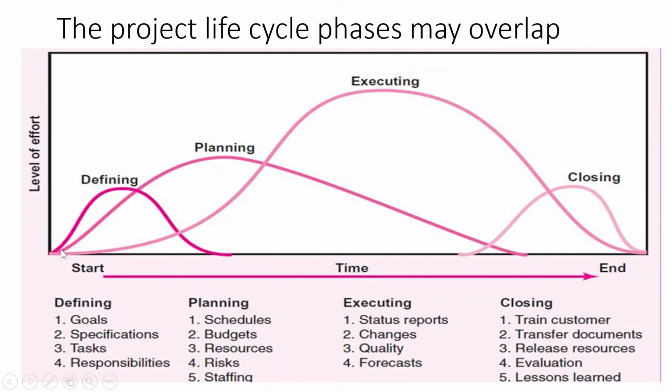Planning is a look into the future, so setting a goal is already planning. So planning starts and continues. Even during execution, there is some planning being done because we have schedules, budgets, resources, risks, staffing, and so on.